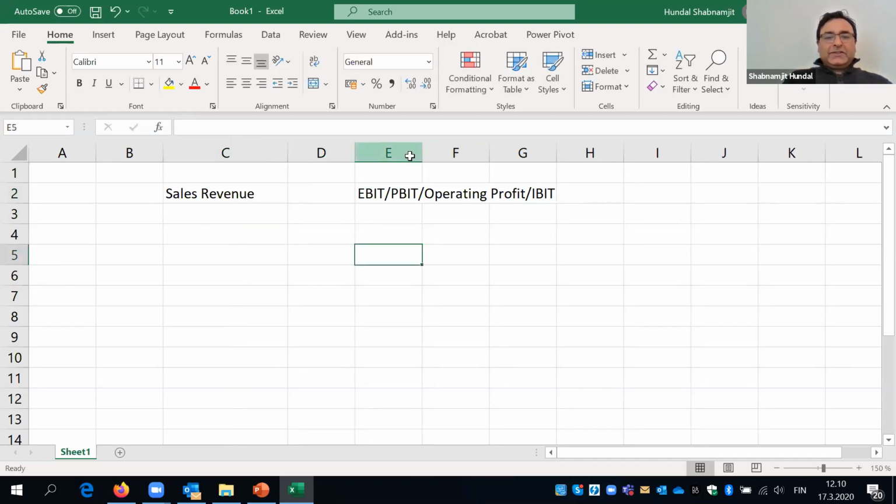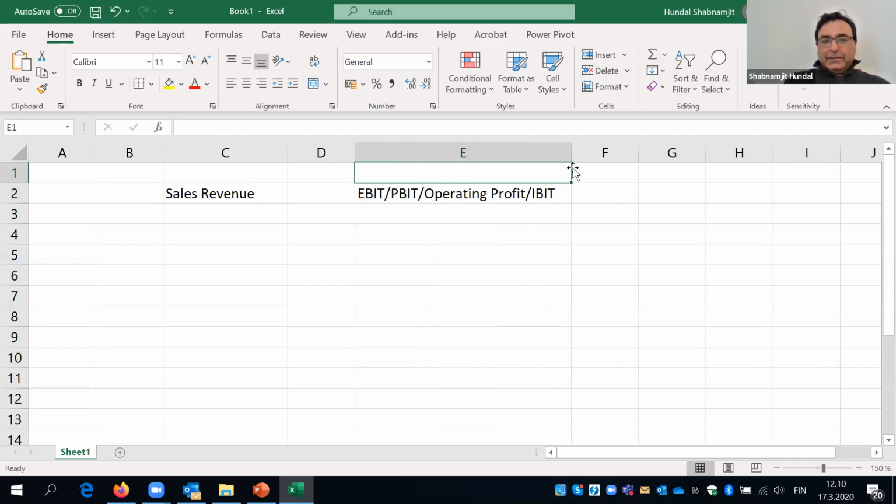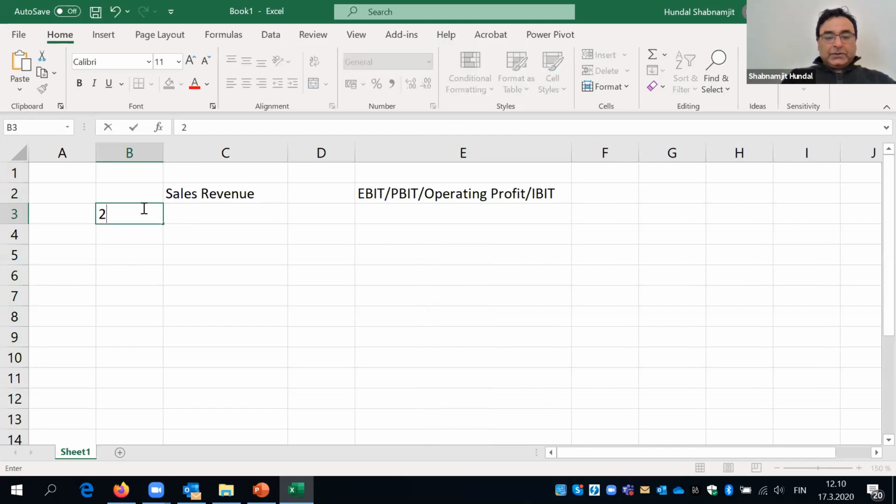I mean, accountants are not academics, so sometimes they just mingle many phrases, even though they are conceptually wrong, but who cares? They're accountants. So here I take the data, let's say 2014, 15, 16, 17, 18, and 19.